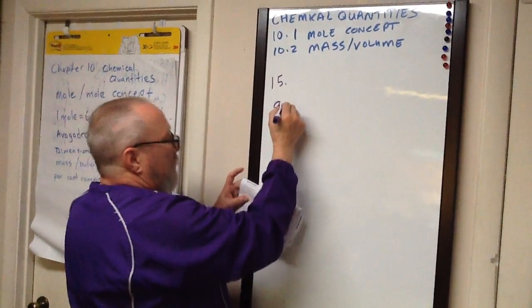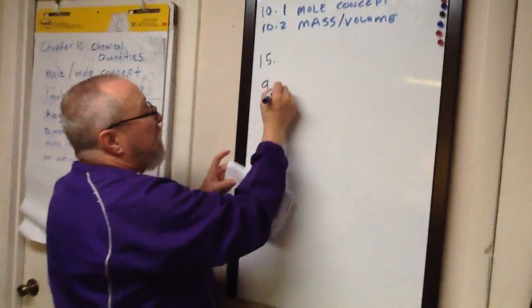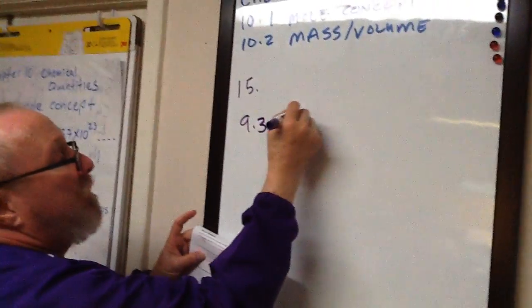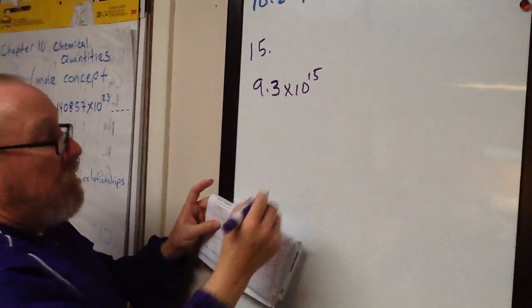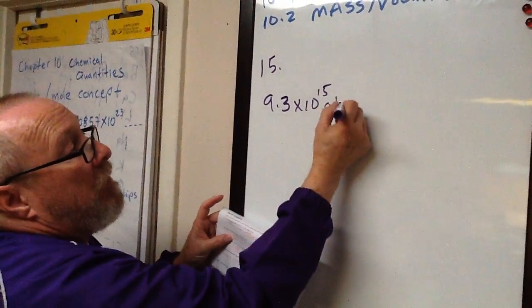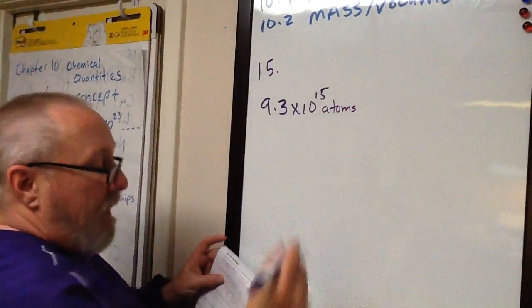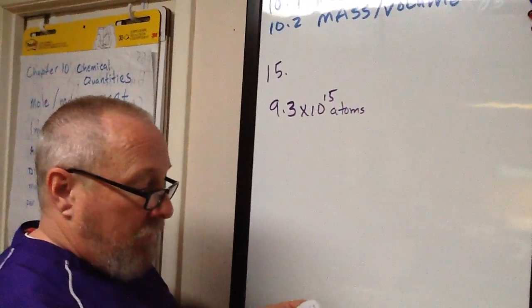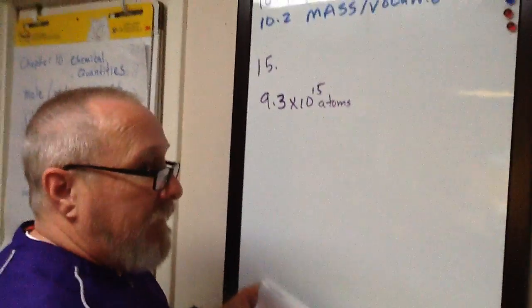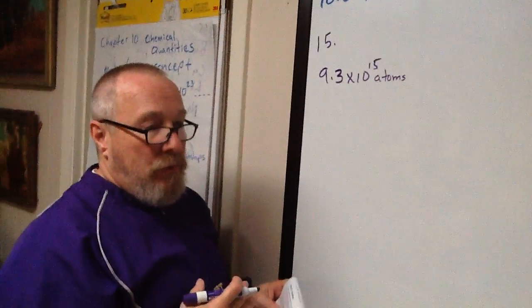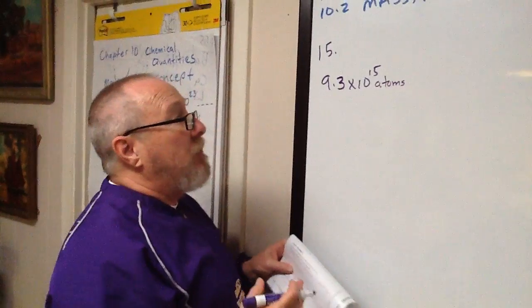So the way we do this is we write what we know down. 9.3 times 10 to the 15th atoms is my unit, atoms of lead. And I want to get to number of moles. Now I can use a mole map, and if I did, it would tell you to divide by Avogadro's number.